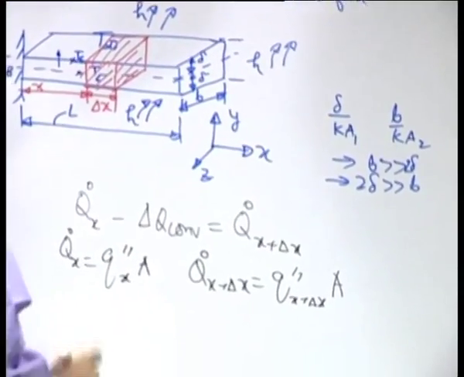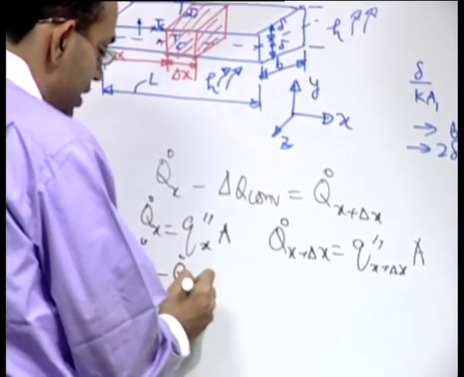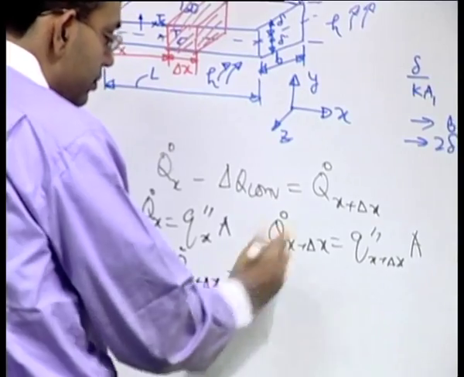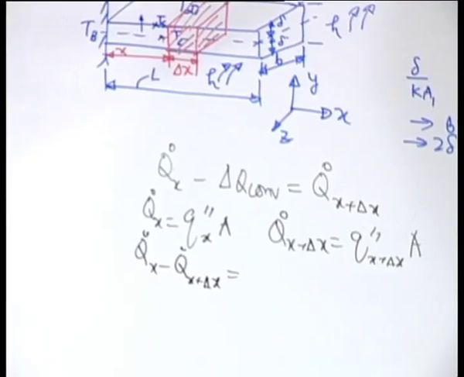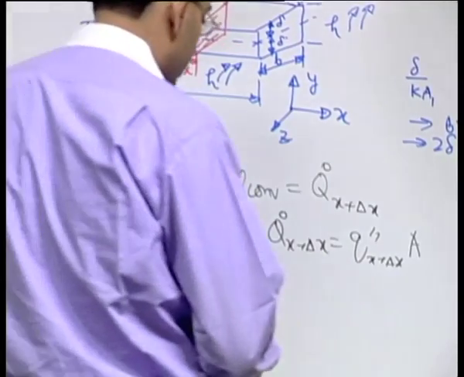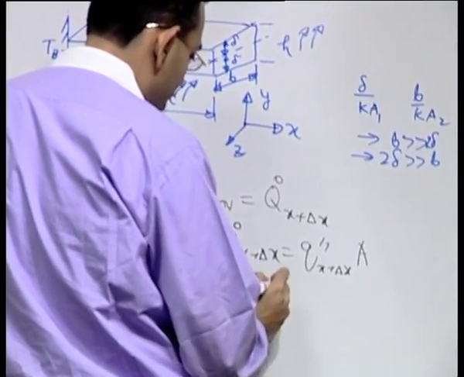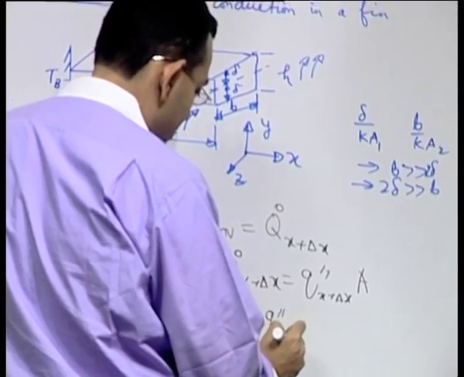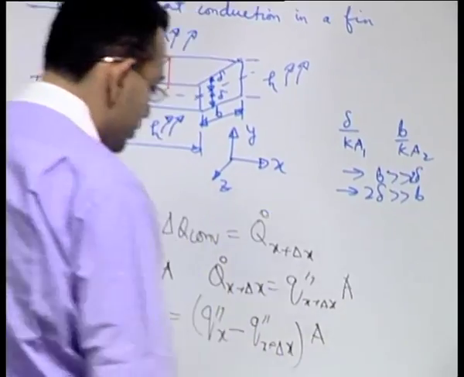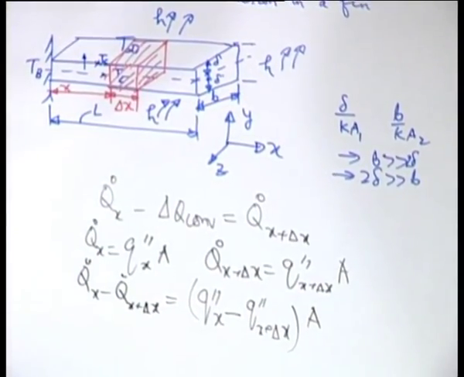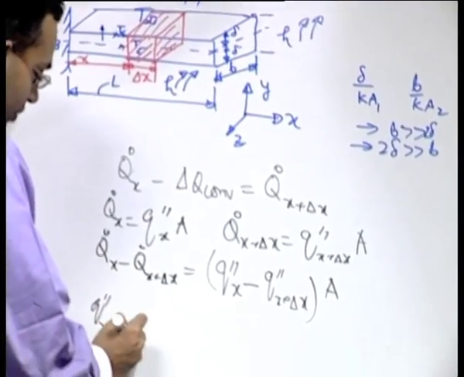And Q dot at x minus Q dot at x plus delta x is equal to heat flux at x minus heat flux at x plus delta x, times A. We can write heat flux at x plus delta x as a function of heat flux at x.